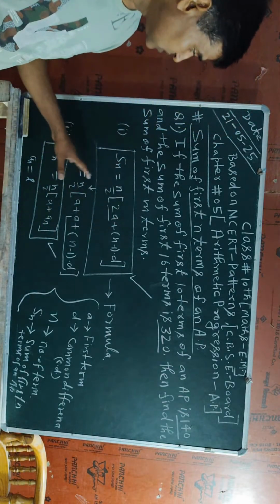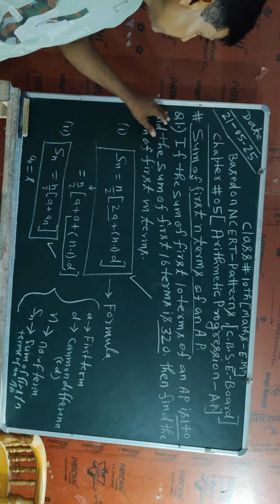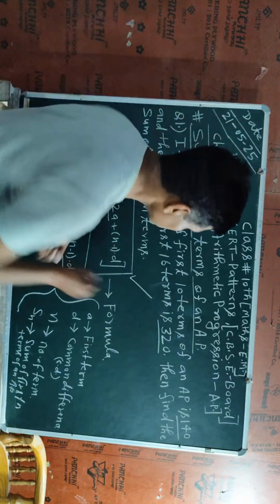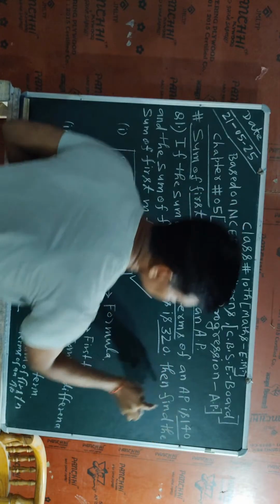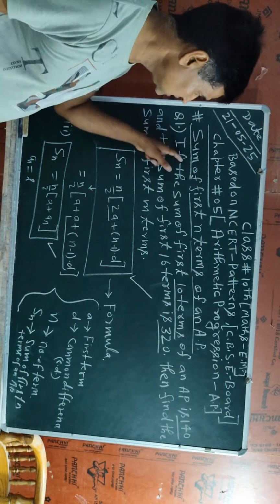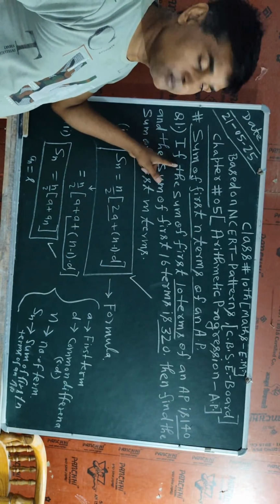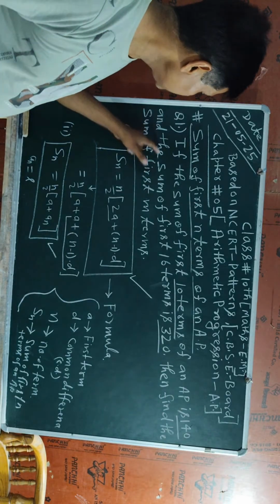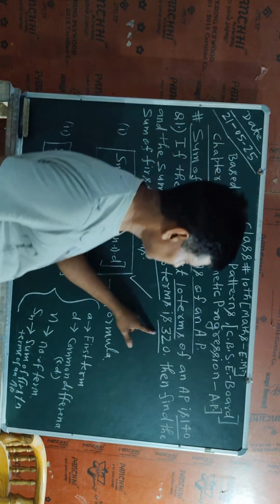Now, one question based on this topic I have written here. Now you listen and concentrate on this topic. Okay, question number 1. If the sum of first 10 terms of an arithmetic progression is 140, and the sum of first 16 terms is 320.